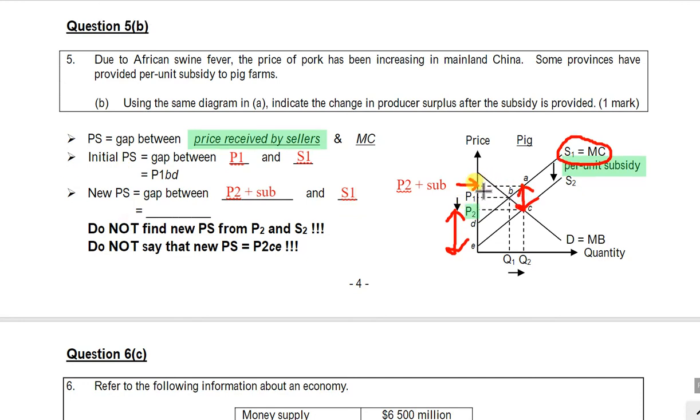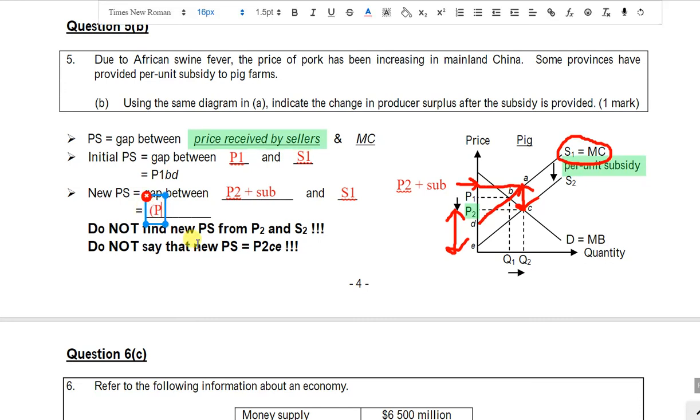You consider this level, which is the price received by the sellers, and also this marginal cost here. Then obviously, what is the new producer surplus? The new producer surplus should be shown by this triangle, P2 plus subsidy, and then AD. So this is something you have to consider.